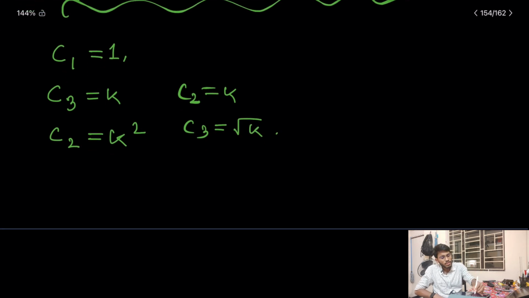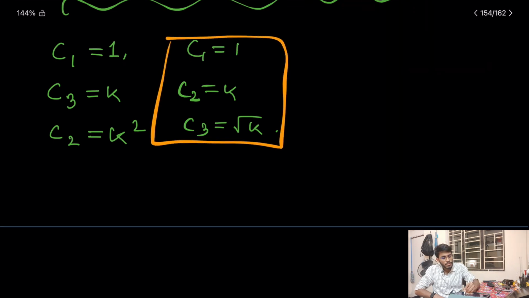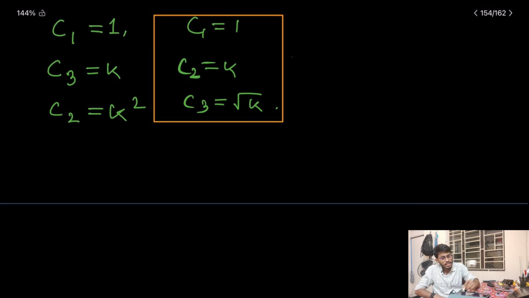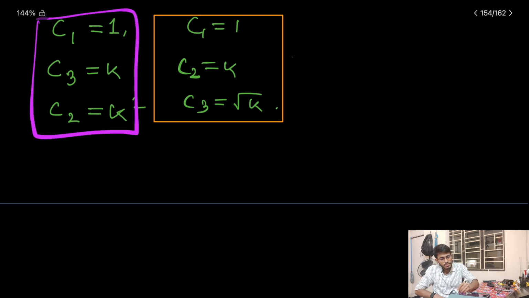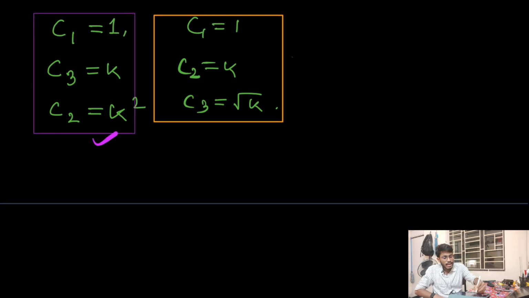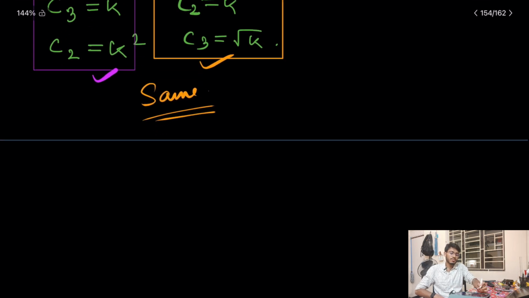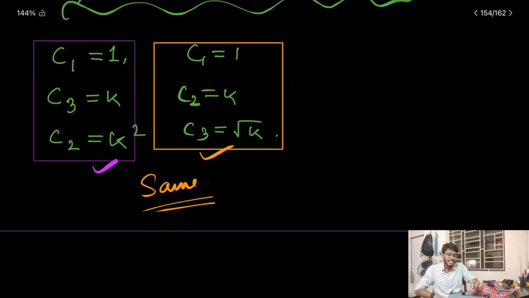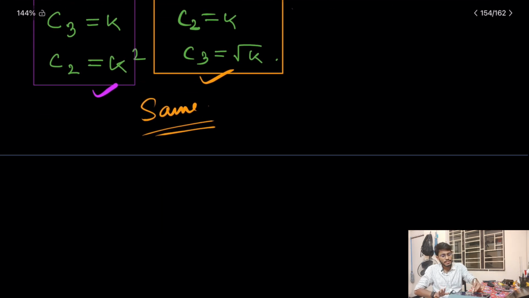So let me work with this one, C1 equal to 1. This and this are essentially the same transformation, not exactly the same, but the relations between C1, C2, C3 are the same. Clear?